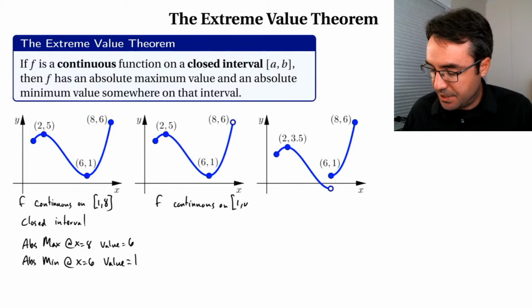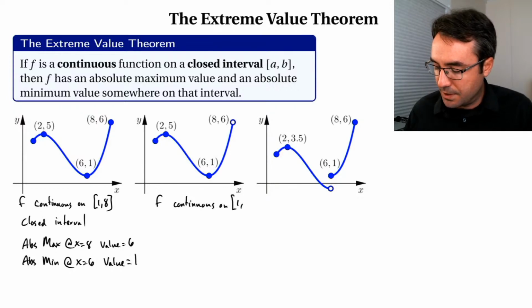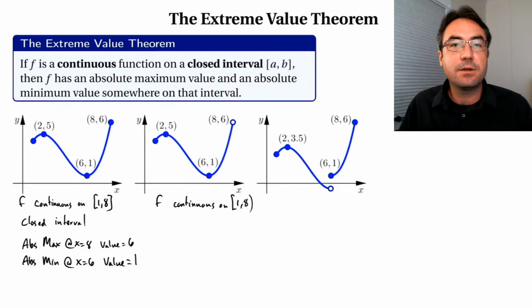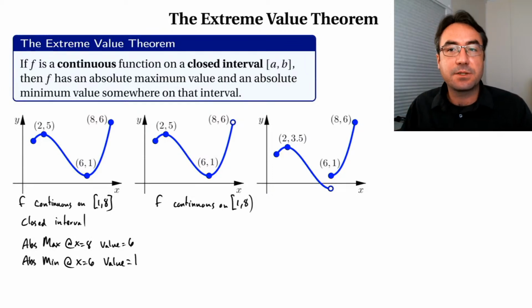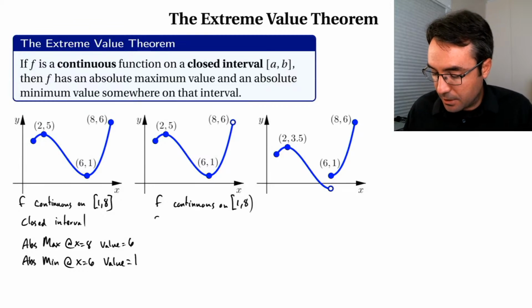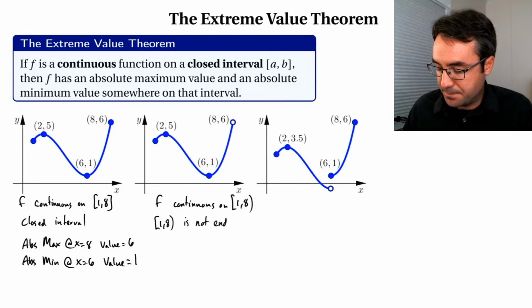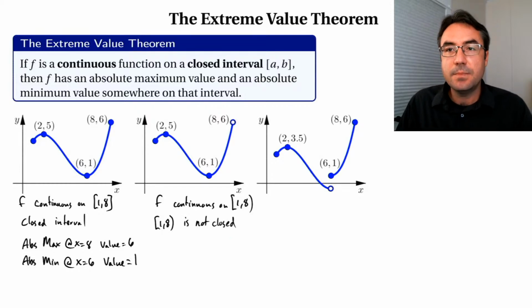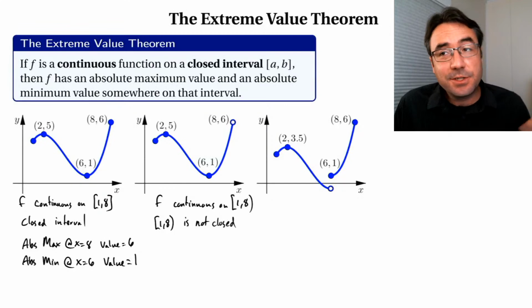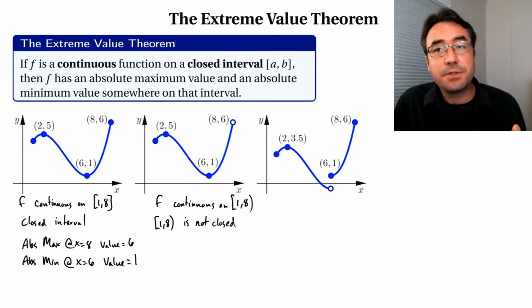So it's continuous on the interval from 1 to 8, where we include the endpoint 1 but exclude the endpoint at x equals 8. So this is not a closed interval. It doesn't contain its endpoints. The function's still continuous, it's just not a closed interval.